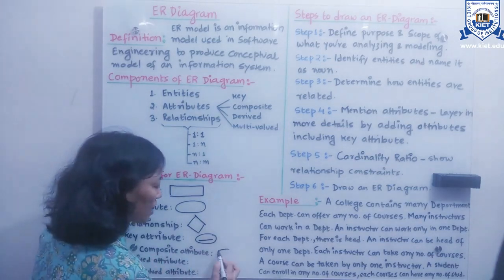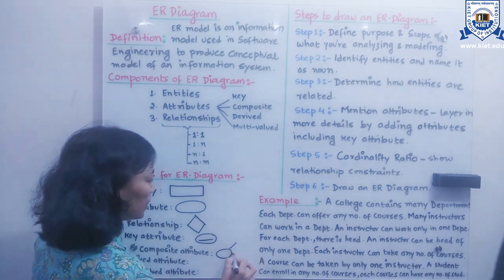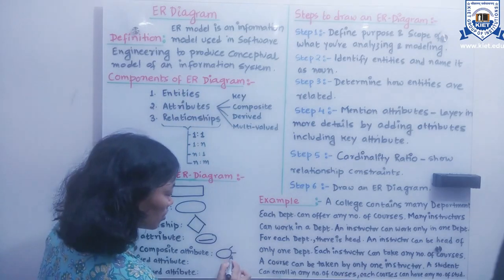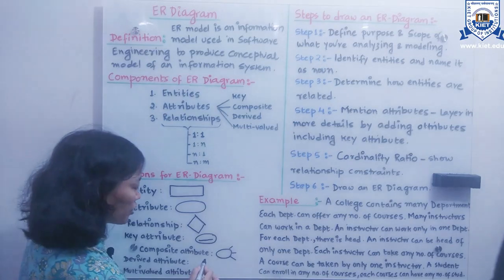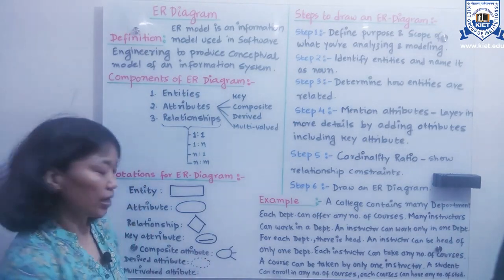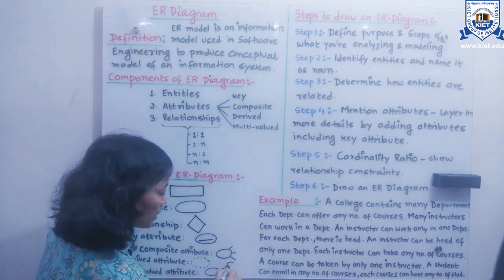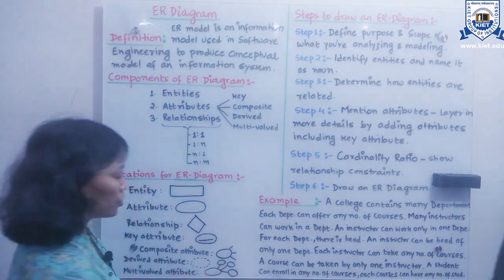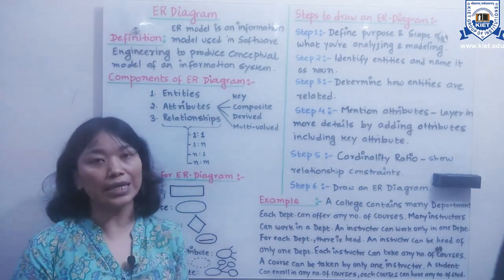A composite attribute, as it is composed of many attributes, can be drawn like this, right? And a derived attribute is drawn with dotted lines. Again, a multi-valued attribute can be similar, but with a double oval. So this is all about the notations used in the ER diagram.